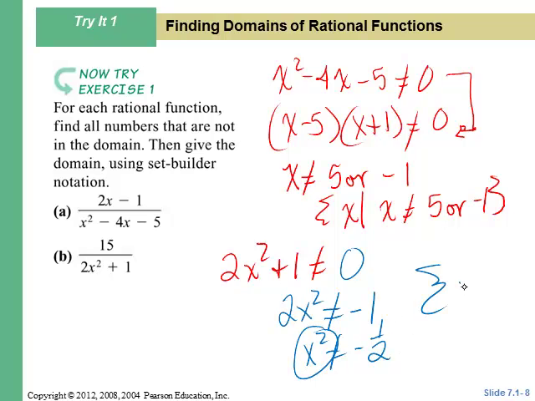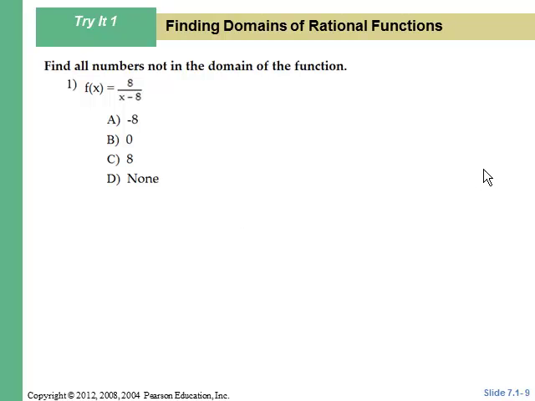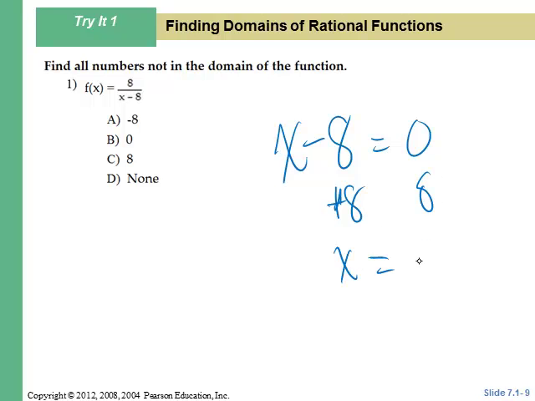So this is the set of all x because it doesn't matter what x is, the denominator can't be 0. And then you try this one. Okay, so x minus 8 does not equal 0. Add 8 to both sides. X does not equal 8.